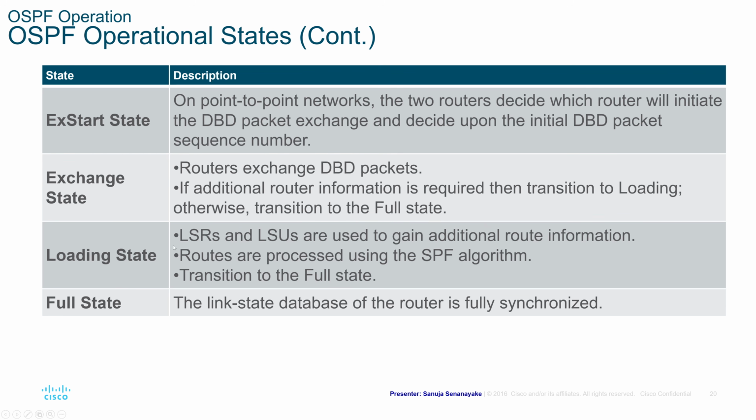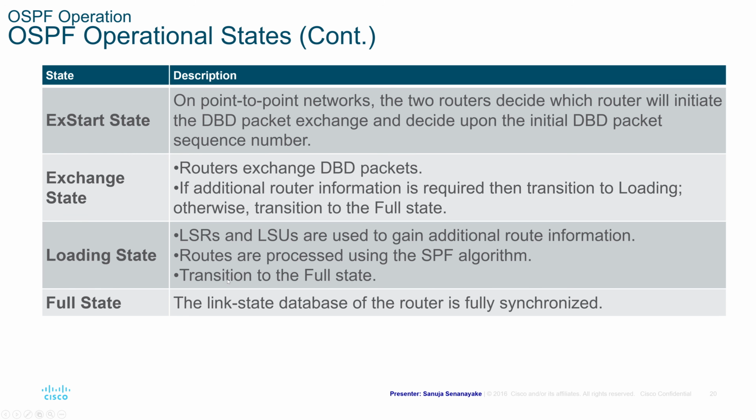The loading state happens if additional information is required. It uses LSRs and LSUs to gain additional route information, and the routes are processed using the SPF algorithm, as expected, since OSPF uses the SPF algorithm.